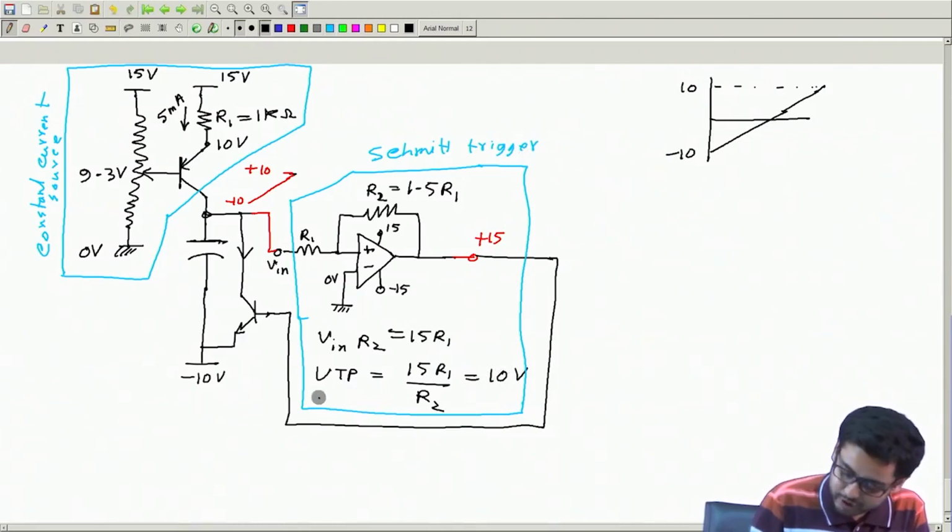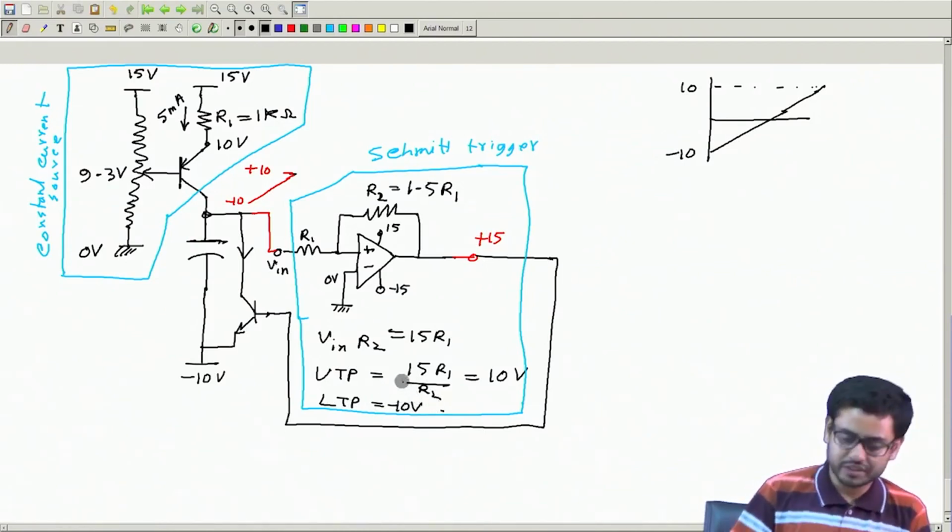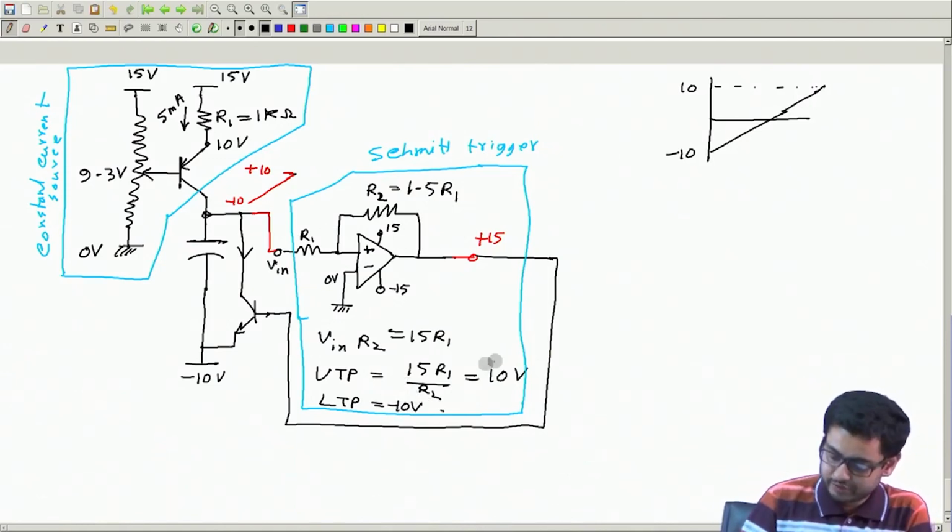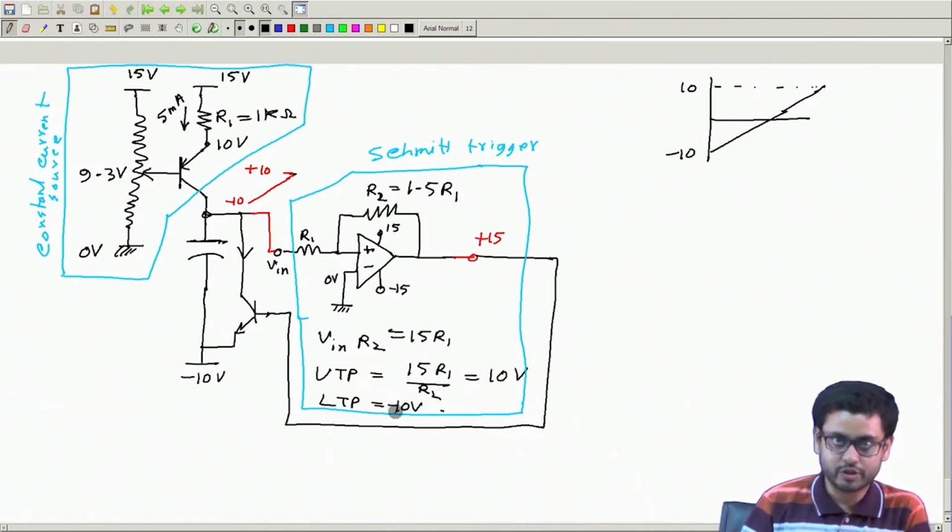Similarly, the lower trigger point will be minus 10 volt. You can calculate it. Anyway, it is always symmetric. So if this is 10 volt, then this is going to be minus 10 volt.